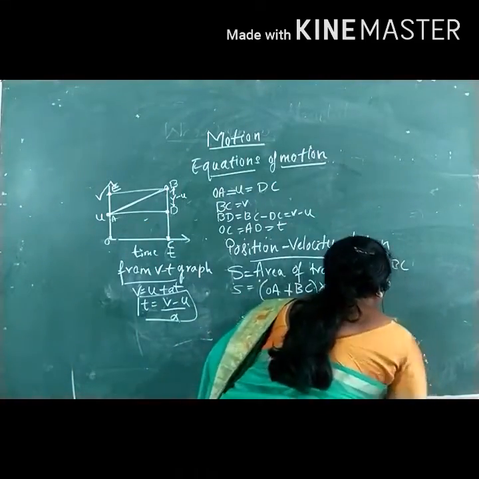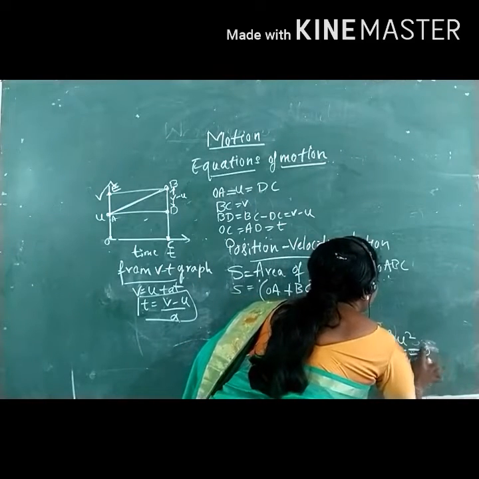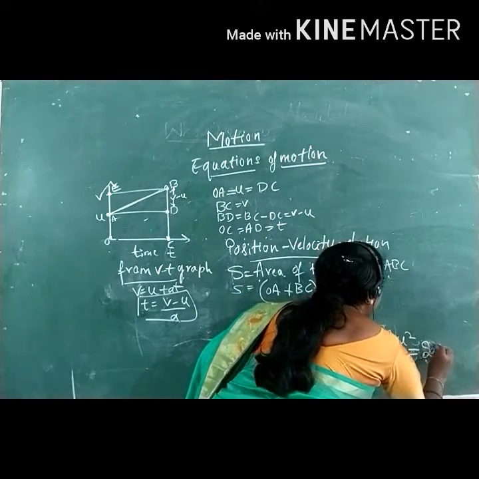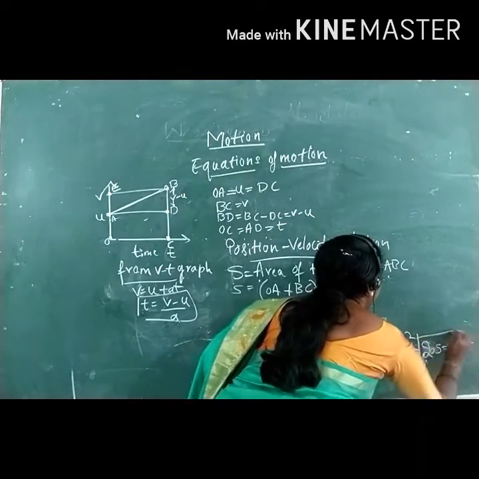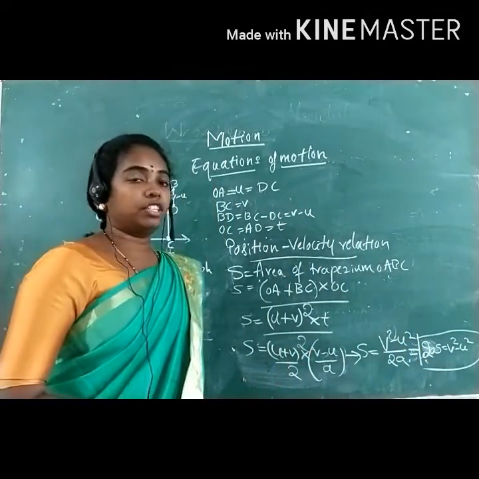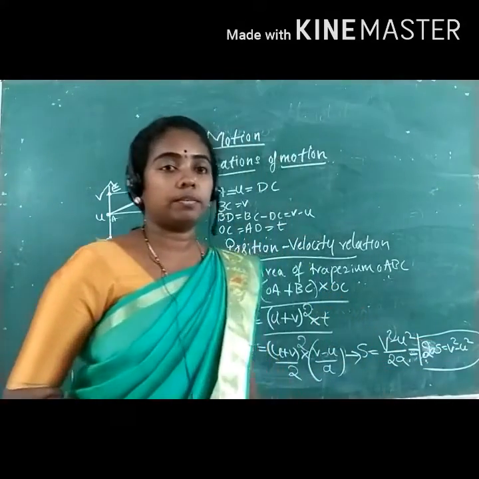So finally, the position-velocity relation is 2AS is equal to V square minus U square.